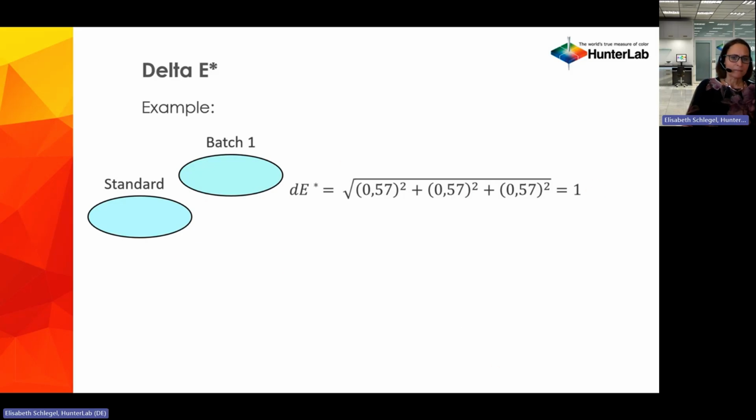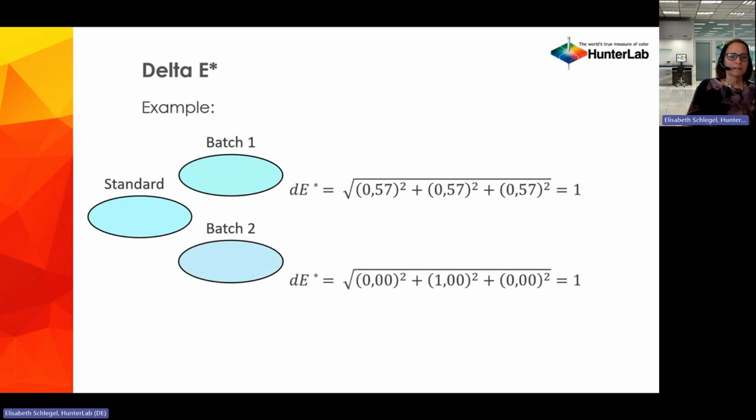But if I look at another batch, I get the same delta E of 1, but actually I can really notice the difference between the standard here and the batch number 2. Why is that? This is because there's no difference in L, but a very big difference in A, for example, here. And you see that's clearly another hue, and this hue is very, very well perceived by the human eye.